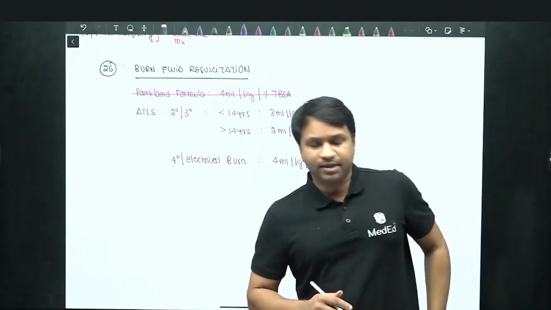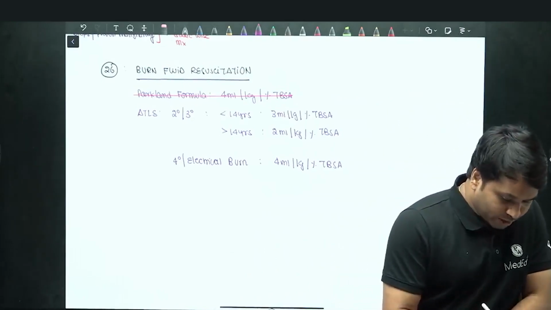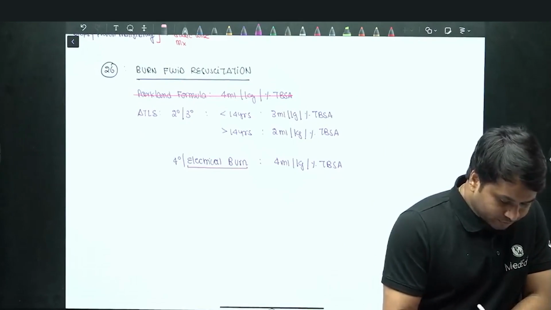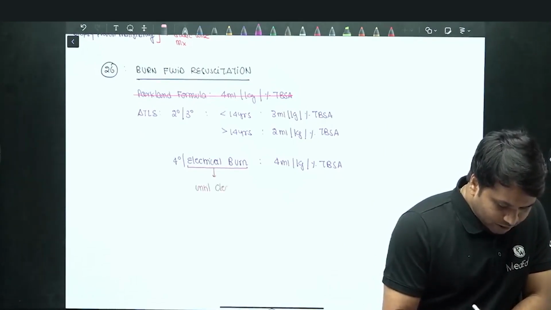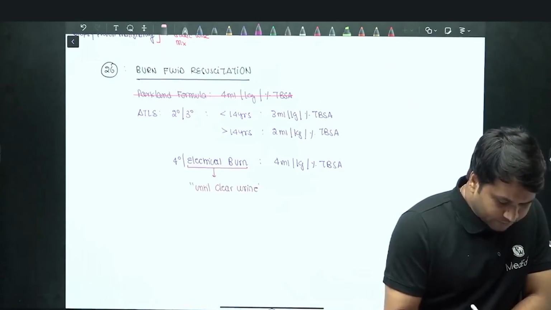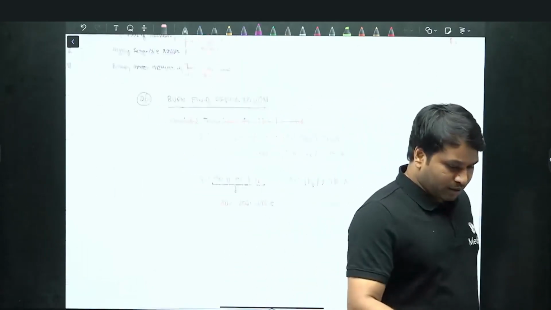One of the important things with respect to electrical burns, you will monitor the urine until clear urine is seen. So you have to monitor until the clear urine is noticed.